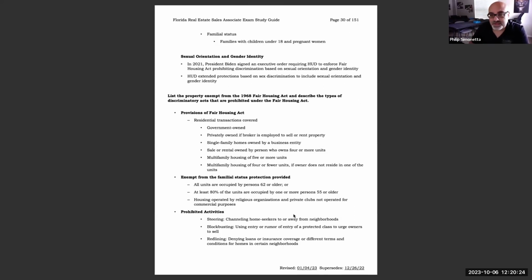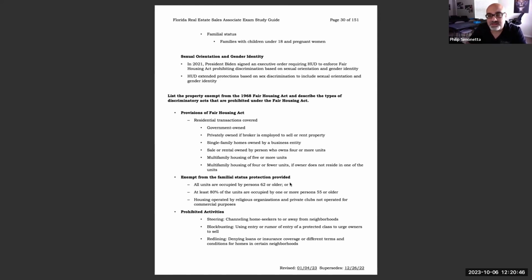Let's look at familial status. In addition to disabilities, it added familial status, and that's families with children under 18 and pregnant women. They cannot be discriminated against. And in 2021, there was another addition of sexual orientation and gender identity.